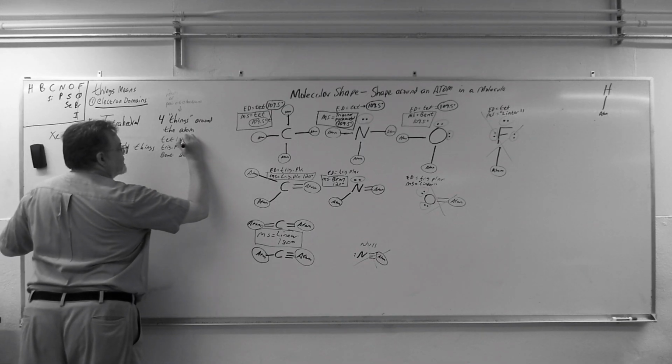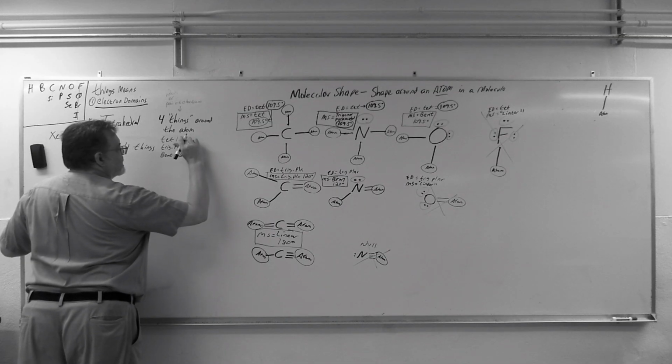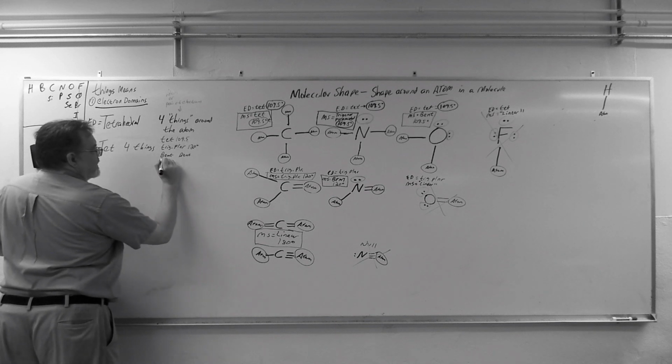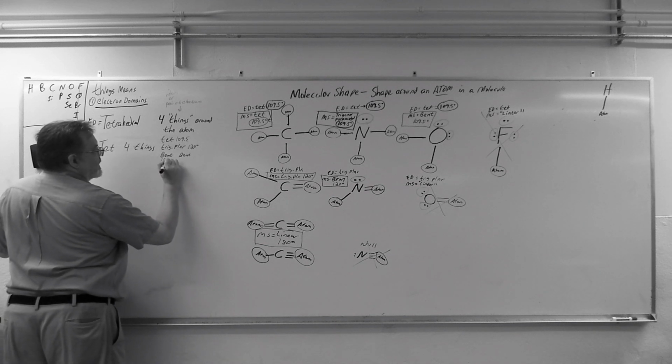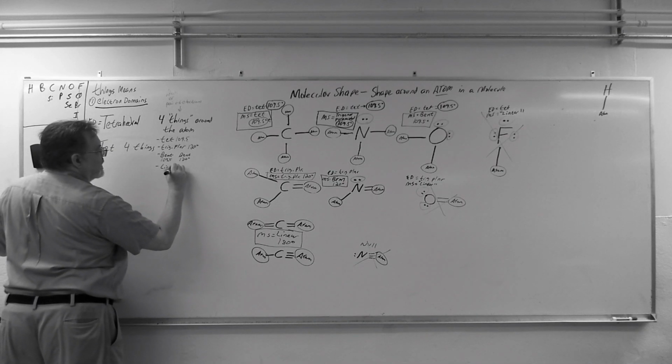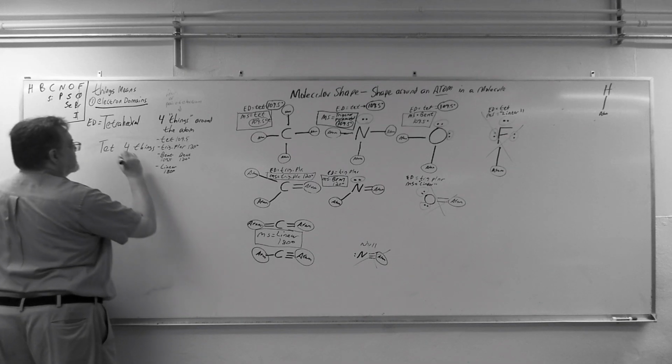Yeah, I guess I'll put these in. I'm trying to make a little summary here. Trigonal planar, 120 degrees. There's bent at 109.5 degrees, and there's bent at 120 degrees, and then linear at 180 degrees.